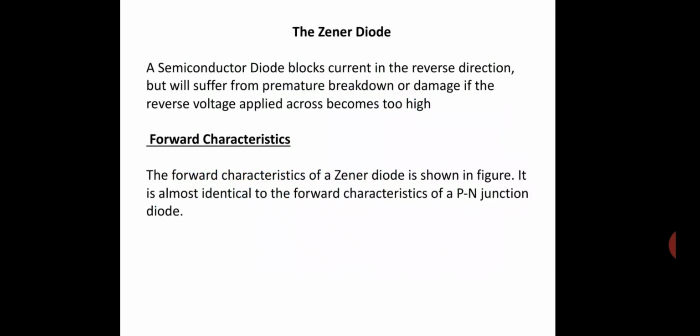However, when connected in the reverse mode, which is usual in most of its applications, a small leakage current may flow as the reverse voltage increases to the predetermined breakdown voltage Vz. A current starts flowing through the diode.